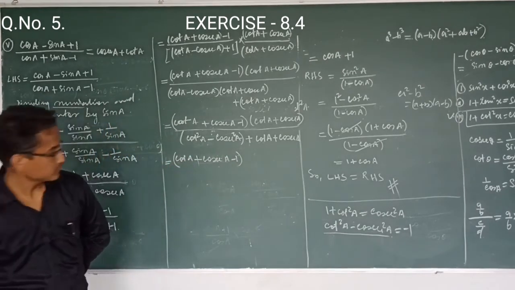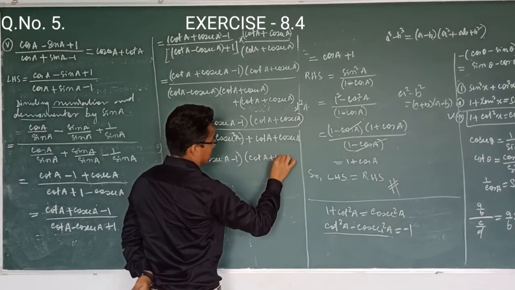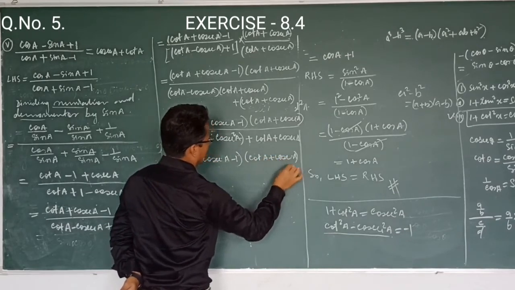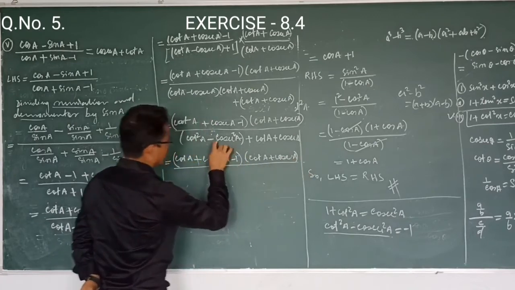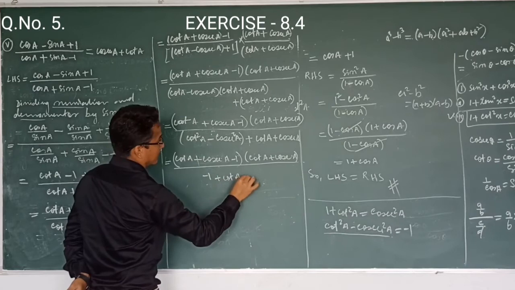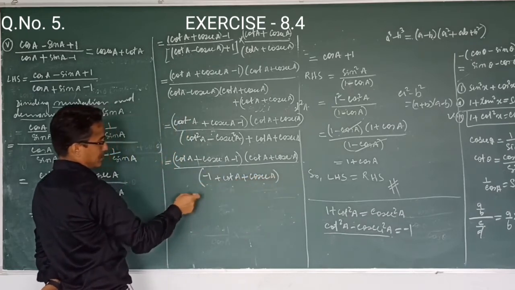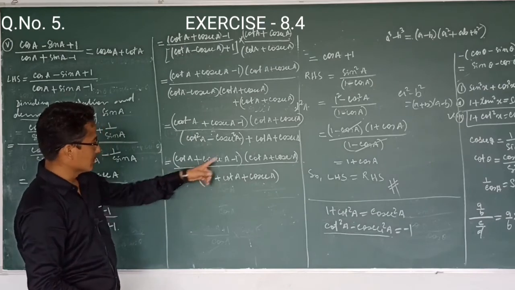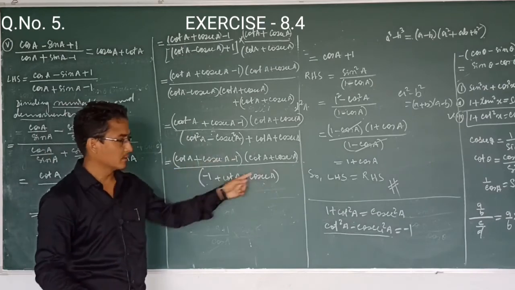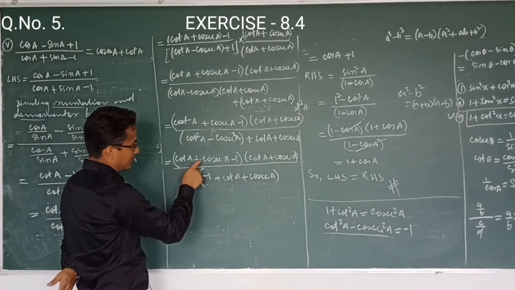Then this is cot A plus cosec A, and this minus 1 we will get plus cot A plus cosec A, okay. Now you will see properly this term, this will cancel with this, because if you arrange this properly, then you will get like this only.